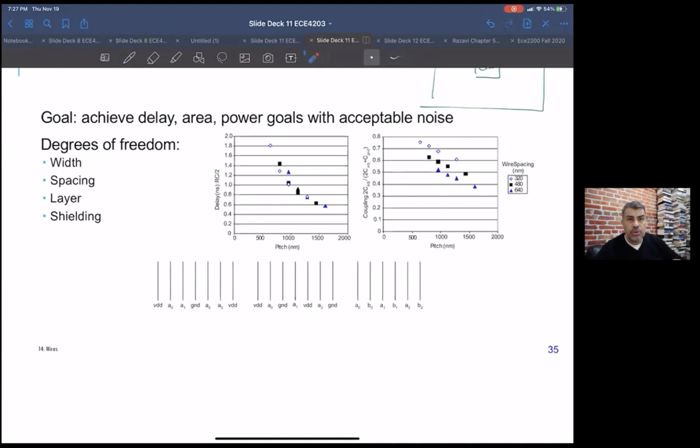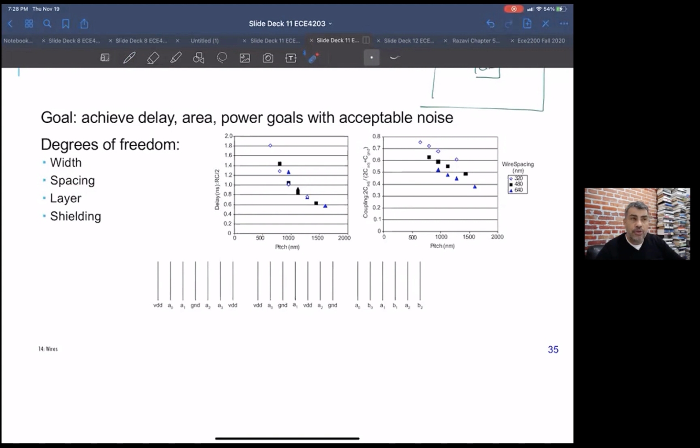So if you increase the width from the minimum, for a while you're reducing resistance faster than you're increasing capacitance because of the extra fringe capacitance. But after a while, it doesn't really help you. And as you increase the width, you may reduce your crosstalk possibility. But again, you're sucking up area.